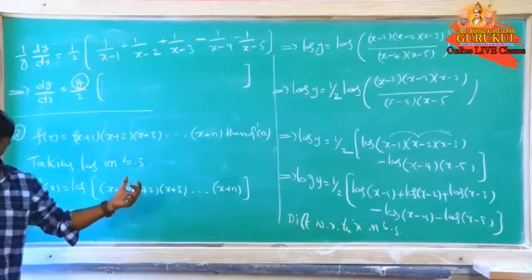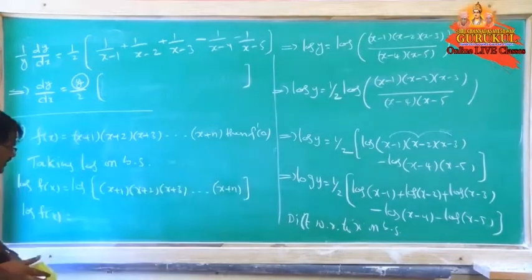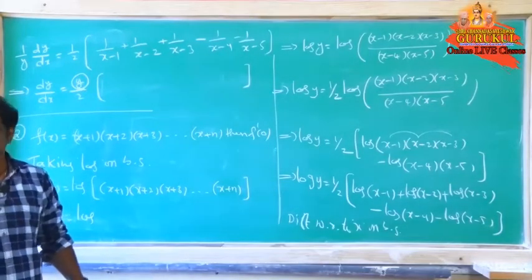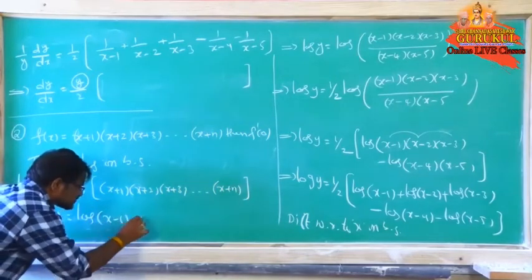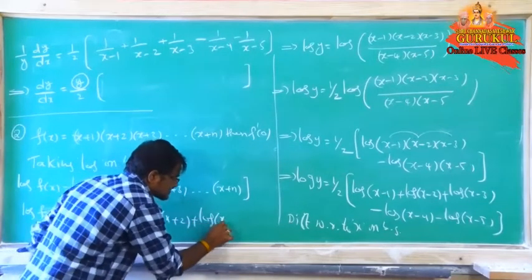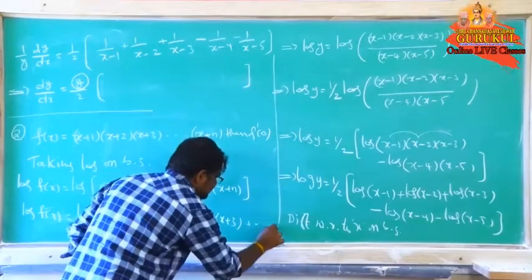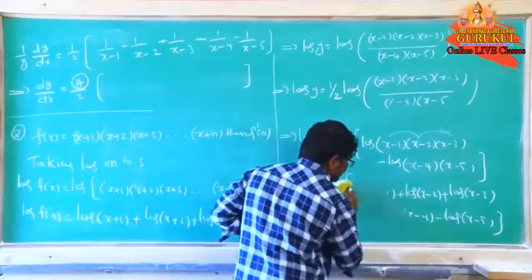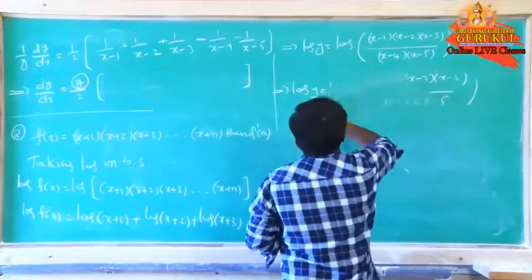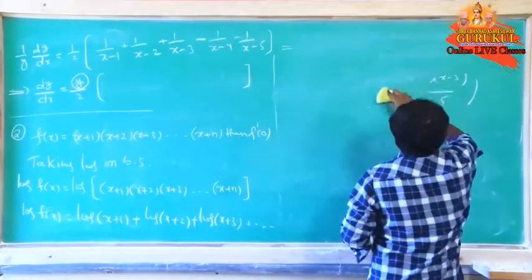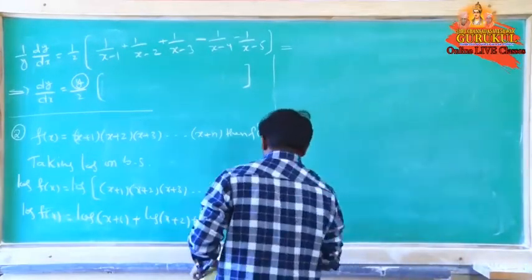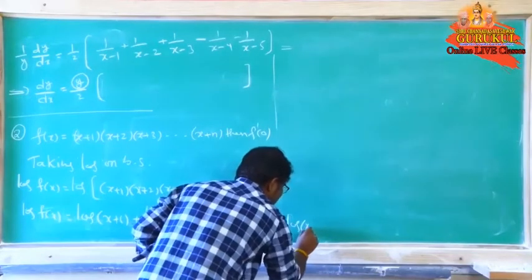Logarithm formula: log of a into b into c equals log a plus log b plus log c, etc. So log of f of x equals log of (x plus 1) plus log of (x plus 2) plus log of (x plus 3) plus etc. plus log of (x plus n).